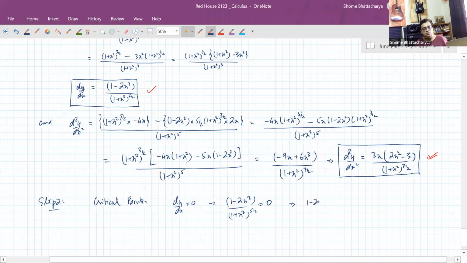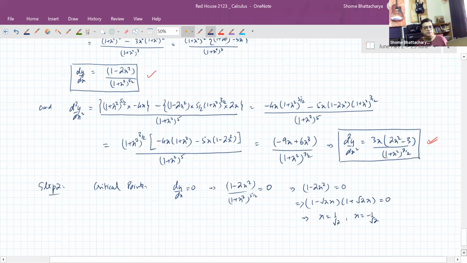So 1 upon denominator is never going to be 0. So basically we are solving for this. So we are getting these two as critical points.